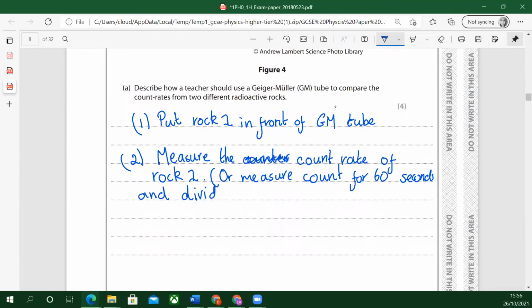You get marks for saying either of those things. Okay, right, just showing there is an alternative there. Okay, and repeat for rock 2 on its own.